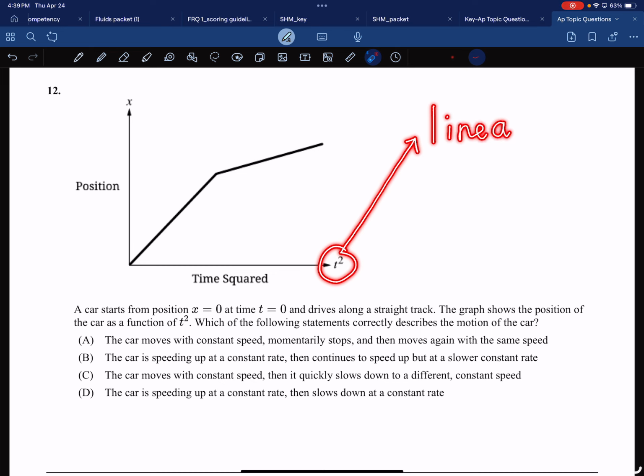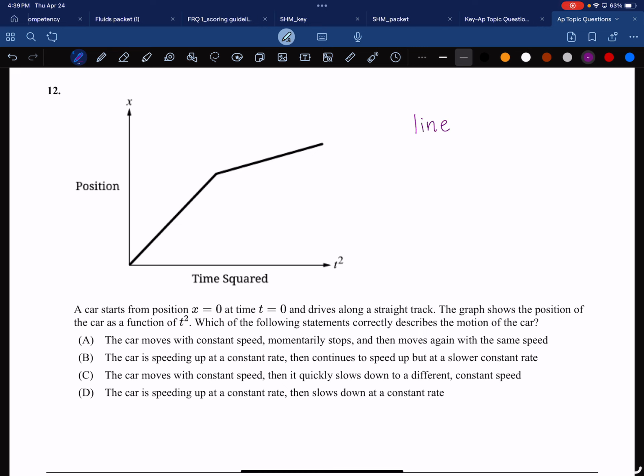Linearization, exactly. So my mind immediately goes to linearization. For one, that's a linear graph.